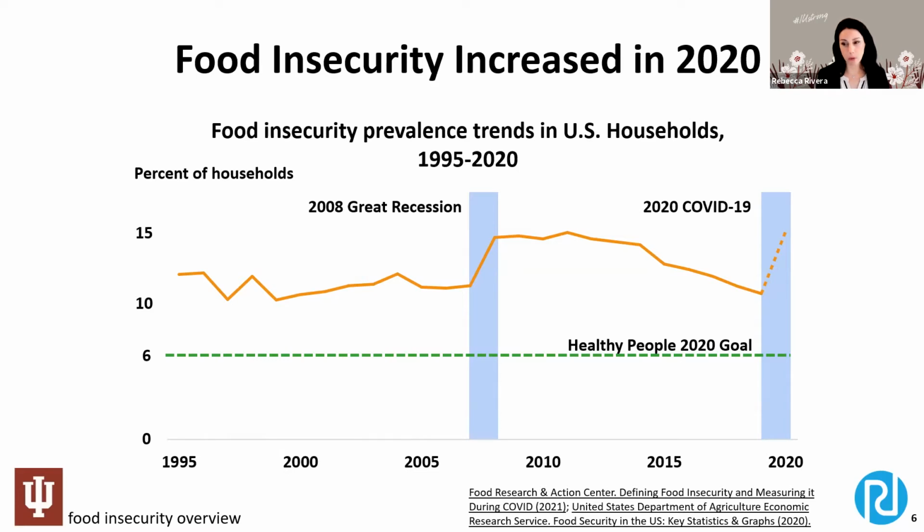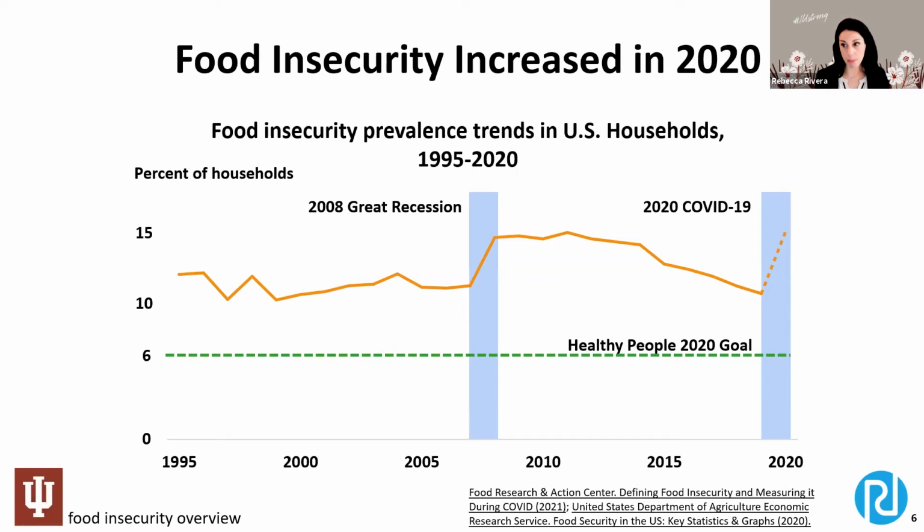The dotted orange line there represents the expected food insecurity prevalence for 2020. It is based on some surveys, but we're waiting on the USDA official data to come out.